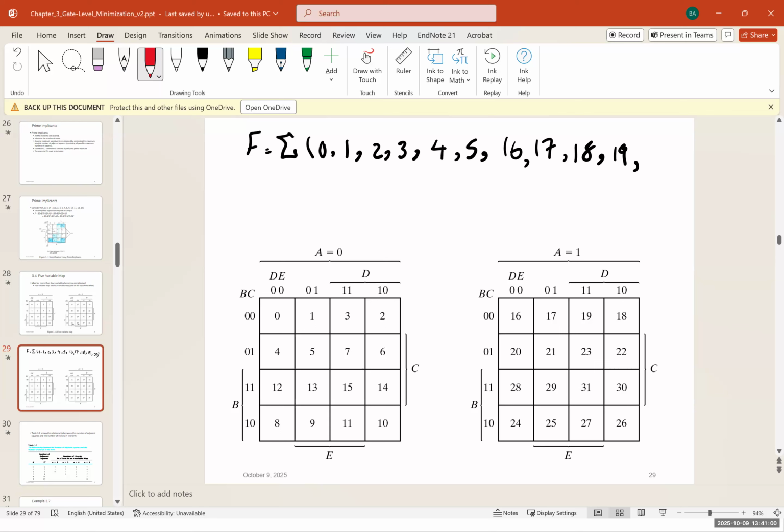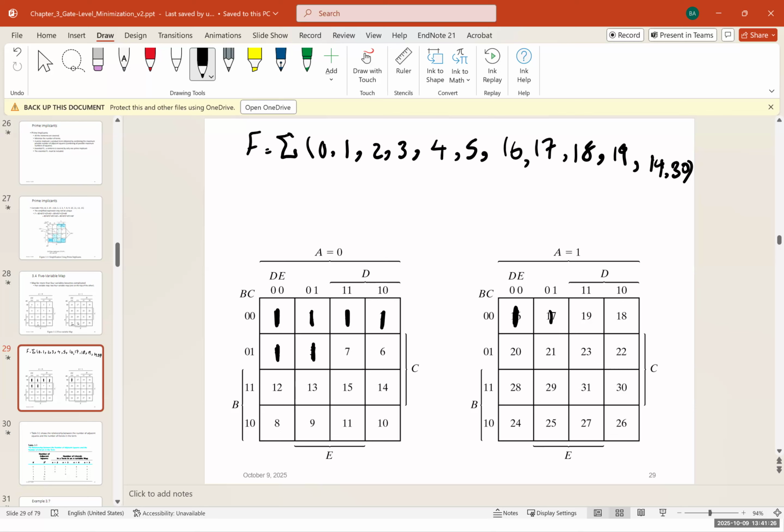Let's add another one as well. Let's make it 14 and 30. That's going to be better. So we have 0, 1, 3, 2. We have 4 and 5.